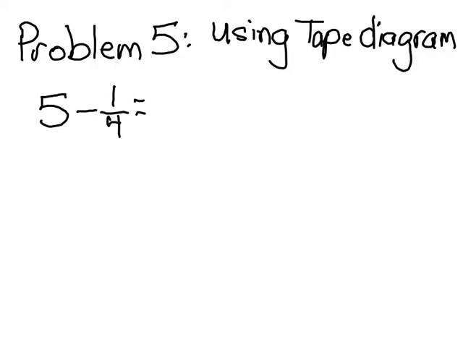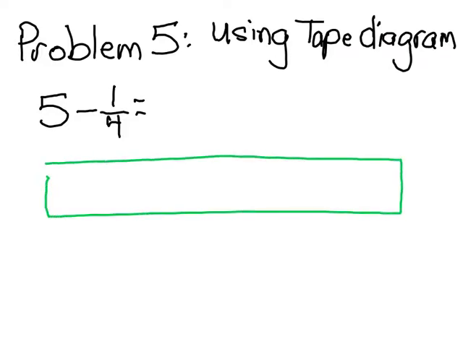Okay, we have 2 more problems. We have 5 minus 1/4. So we're going to use a tape diagram on this one. So let's draw our tape diagram out. We'll make 5. 1, 2, 3, 4, and 5.